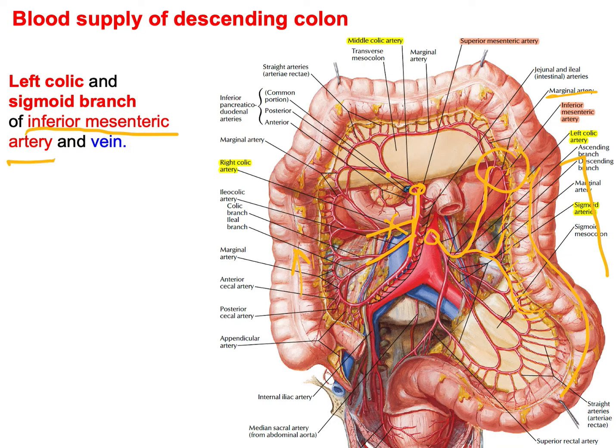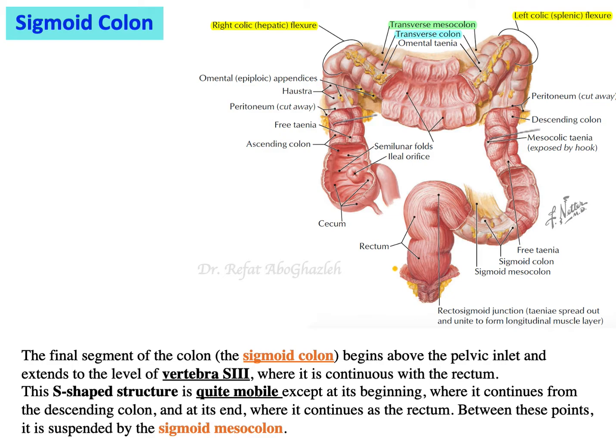Anyway, so the blood supply of the descending colon, because it's part of the hindgut, is from the inferior mesenteric artery through the left colic artery and part from the sigmoid branch. So the sigmoid branch also participates in the supply of the descending colon. Ultimately, they are from the inferior mesenteric artery.